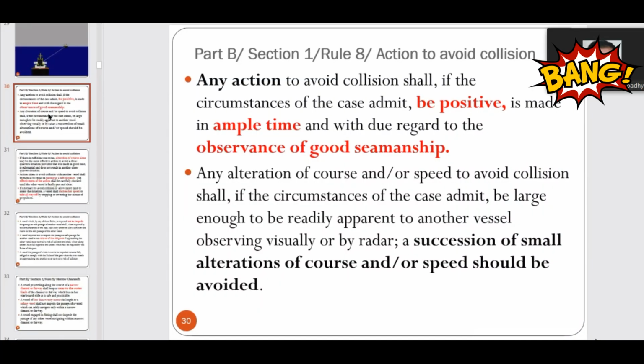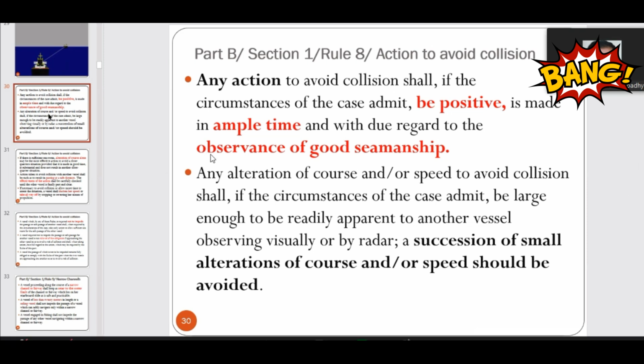Basically, in short, it's called right action taken in right time to avoid any danger.